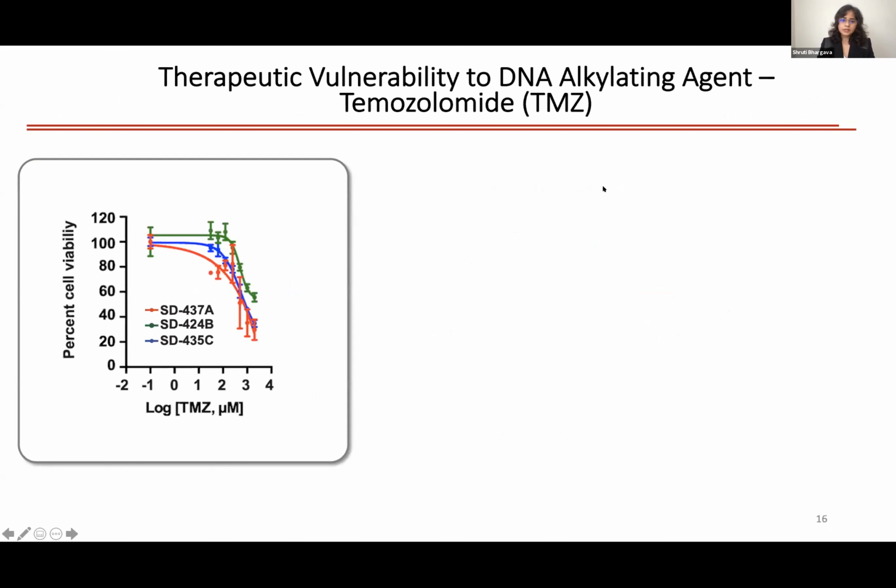Now, one of the drugs that we found to be effective in these SDH deficiencies was temozolomide. That is a DNA alkylating agent, and it is known to intercalate with DNA, cause DNA damage, and thus lead to cell death. So we did find that all three SDH deficient models, which are mutated in either subunit A, B, or C, are actually quite sensitive to temozolomide.